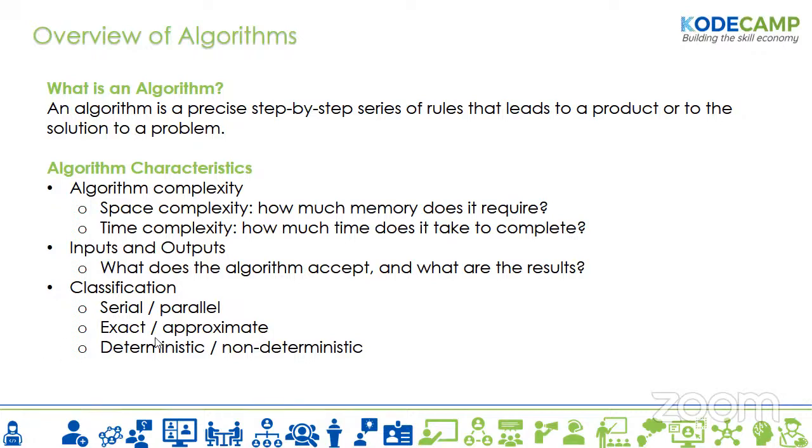Then you have exact and approximate. There are certain calculations or functions that will always give you an exact result, and there are some that will give you an approximation. I think the best way of describing an approximate algorithm result is a facial scan, for instance.